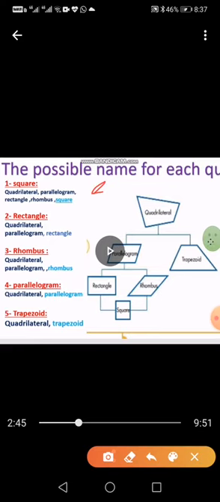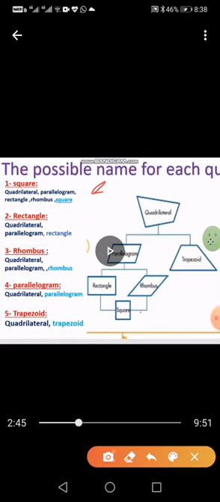Look at the rectangle. Above the rectangle in the family tree I have quadrilateral, parallelogram, and it has a special name called rectangle. Look at the rhombus. Above the rhombus I have also quadrilateral, parallelogram.